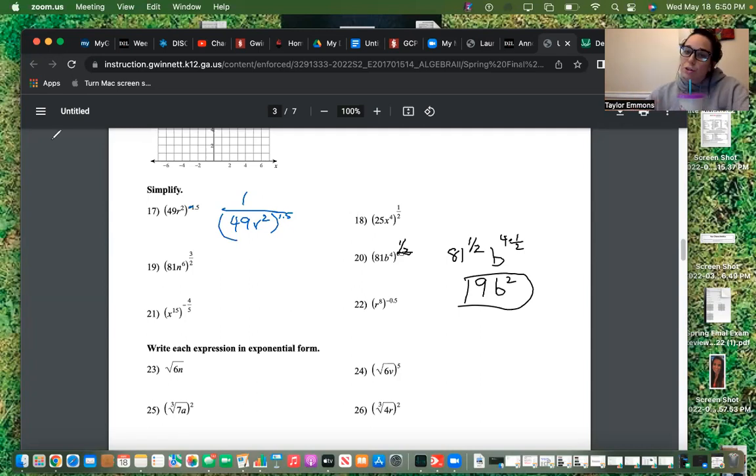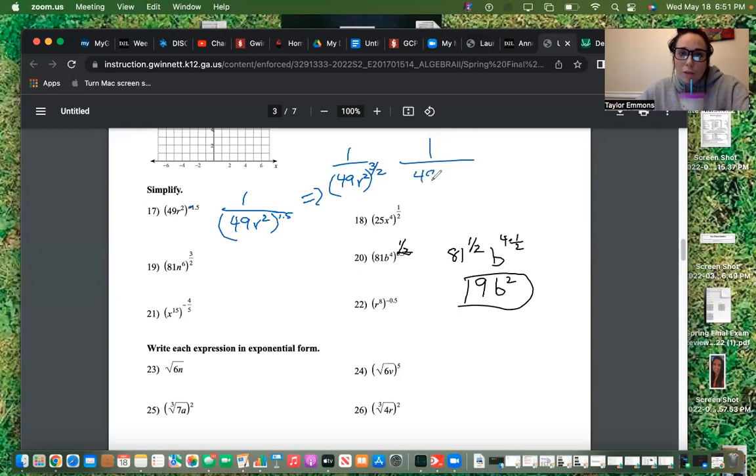If you were unsure about that, you could type 1.5 into your TI-84 and hit math enter, and it'll give you it in fraction form. So I'm going to rewrite this as 1 divided by 49r raised to the 2nd power, raised to the 3/2. And we're going to take each of these things and raise it to the 3/2 power.